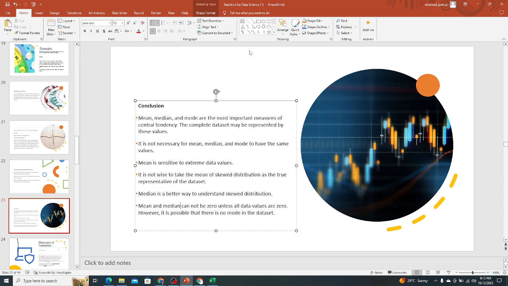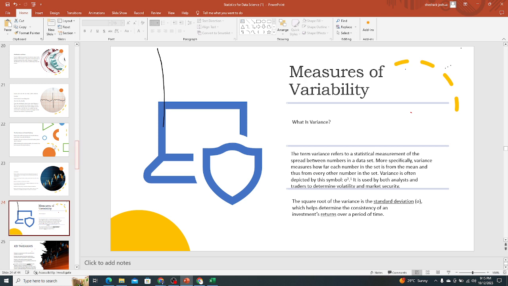But we cannot have zero mean or zero median, unless maybe for zero mean when we are talking about a standard normal distribution. There is a way we can standardize a normal distribution to have our mean 0 and our standard deviation 1. All right, I've closed on the measures of central tendency.